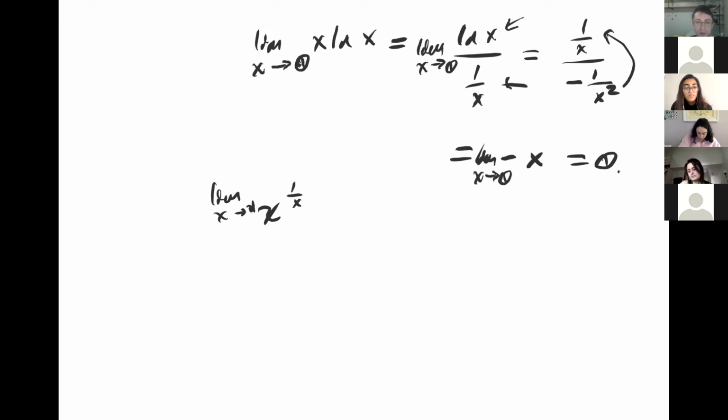Did people try and get this limit here, or did you do something else? Okay, well, sorry about that. I'll just go over this as though it was the limit as x goes to infinity.